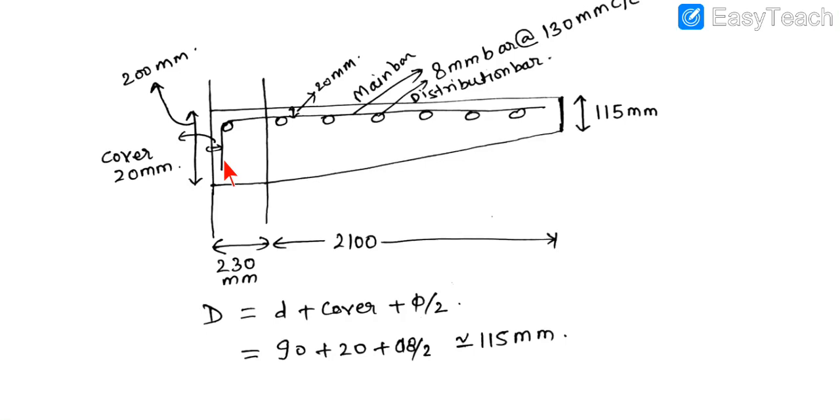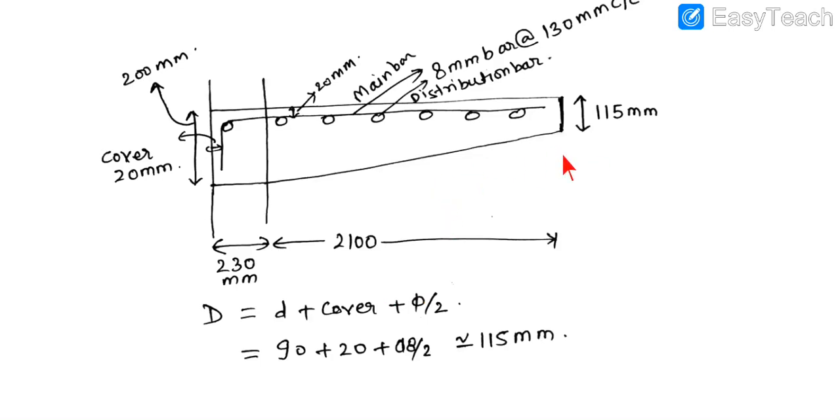The main bars as well as the distribution bars are both 8 mm bars at 130 mm center to center. As you can see, this straight line is showing the main bar and these dots are showing the distribution bars. So I hope this reinforcement detail has been clearly understood by you all.